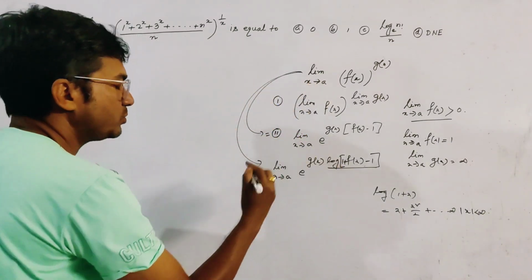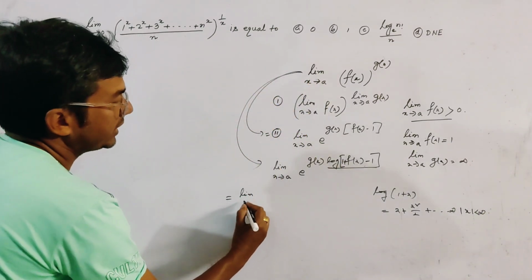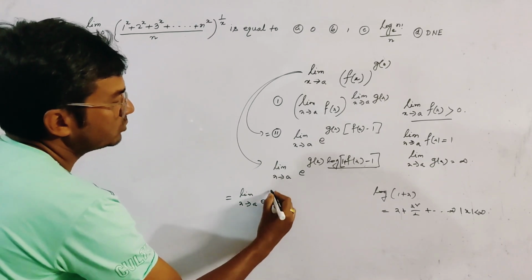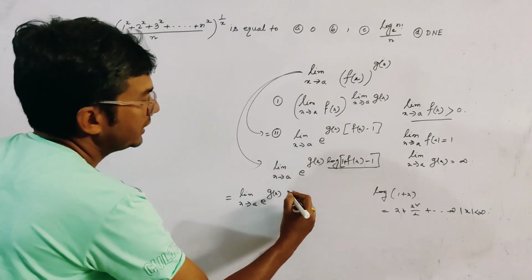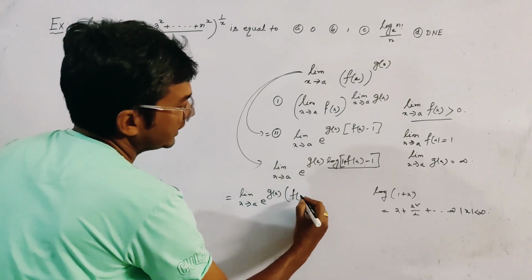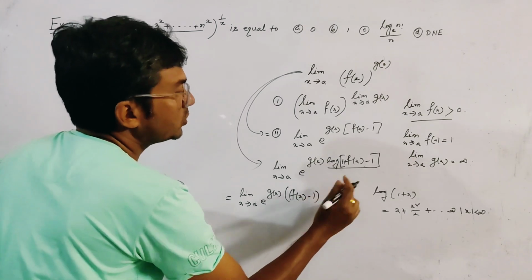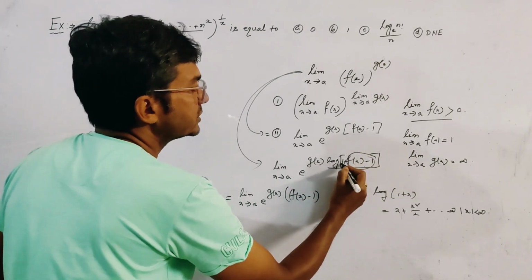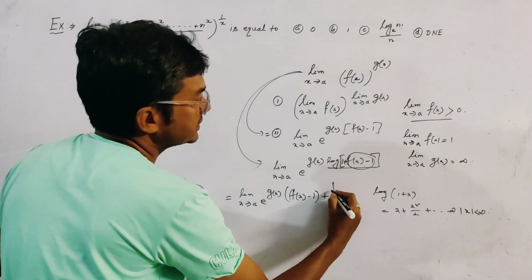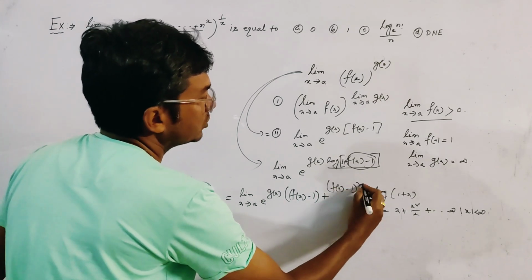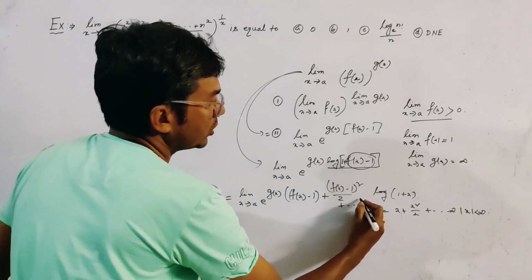We use this formula here, and this is given by limit x tends to a of e to the power g(x) times ((f(x) minus 1), which plays the role of x here, since this is 1 plus x, plus (f(x) minus 1) whole square by 2 and so on).